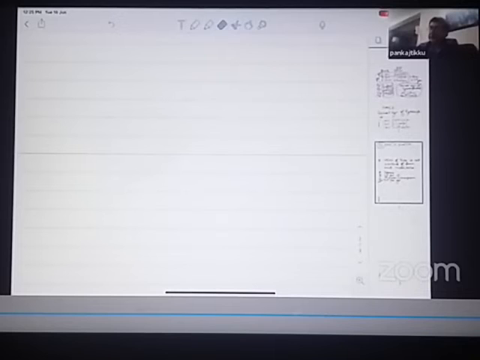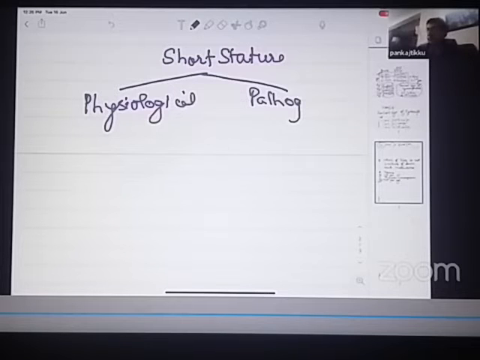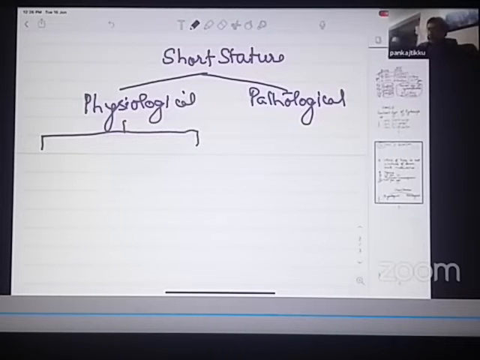So short stature: physiological or a normal variant, and pathological. Physiological, again of two types. One is familial and one is a constitutional delay.